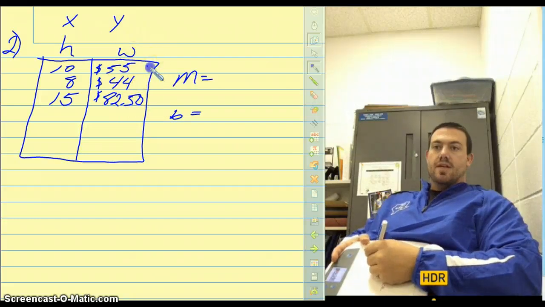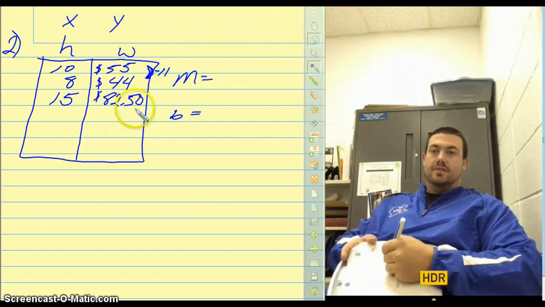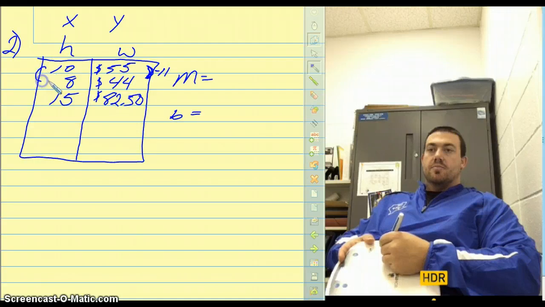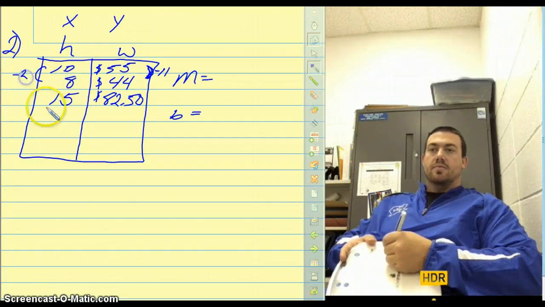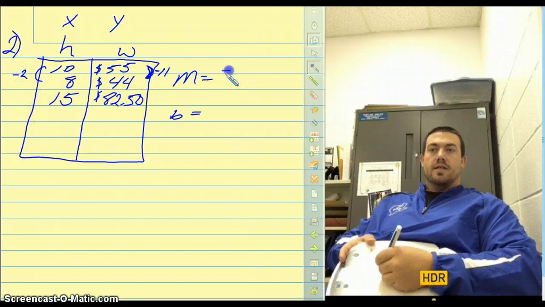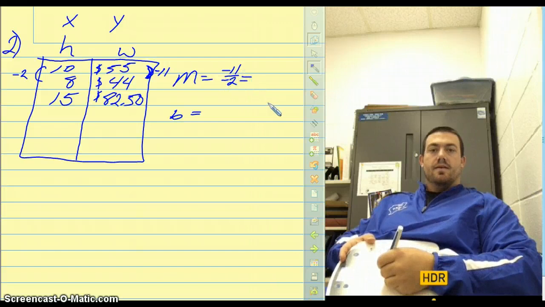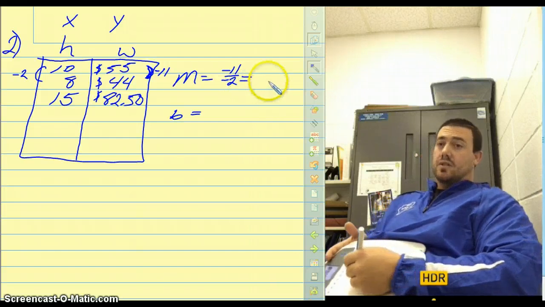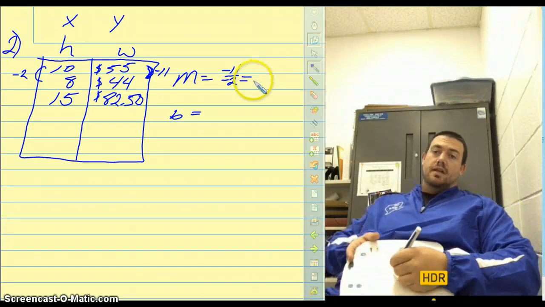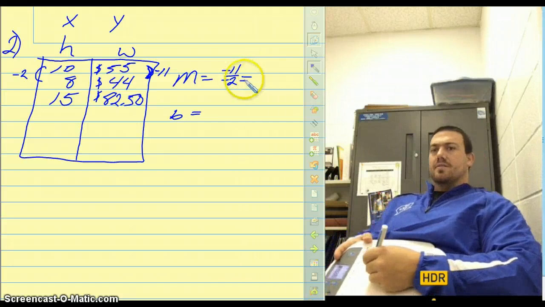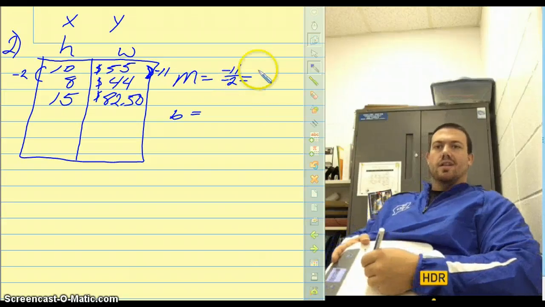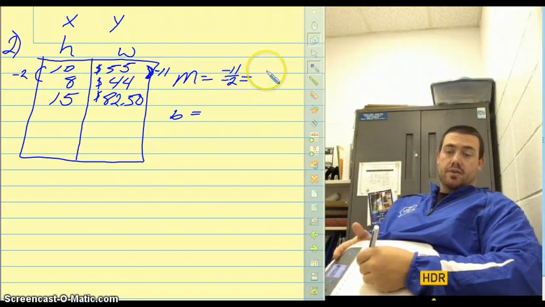This is the y value, so how do I get from 55 to 44? Well, that's a change of going down 11, correct? Well, the change in x would be going down from 10 to 8. That would be a change of negative 2, right? That would be subtracting 2. So my slope is actually negative 11 over negative 2. And that reduces to a positive, but it's also like saying it goes down $11 for every 2 hours.